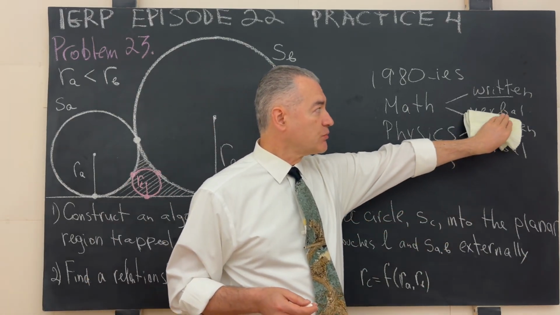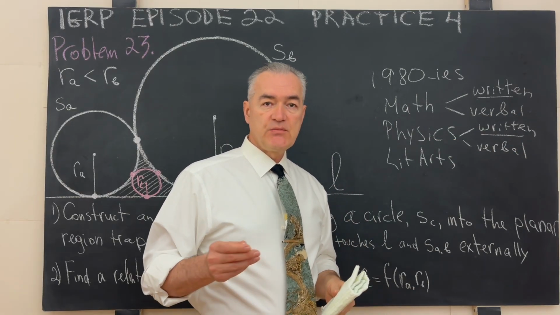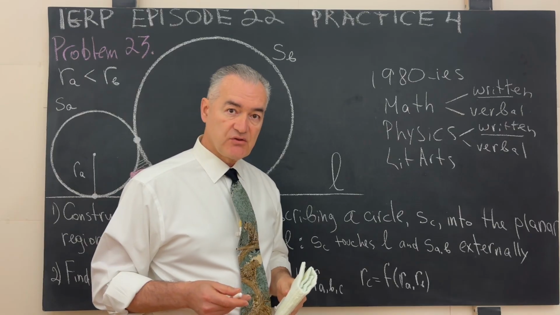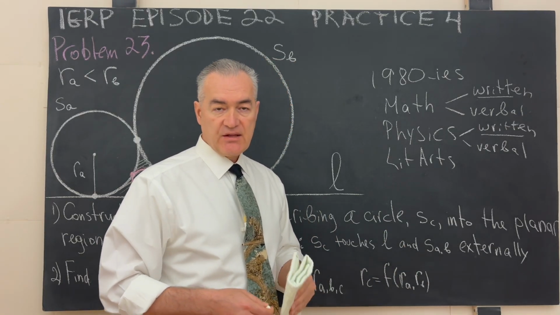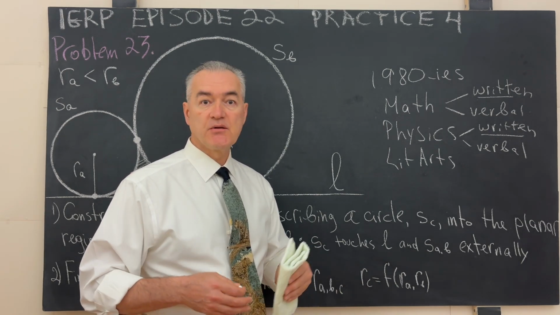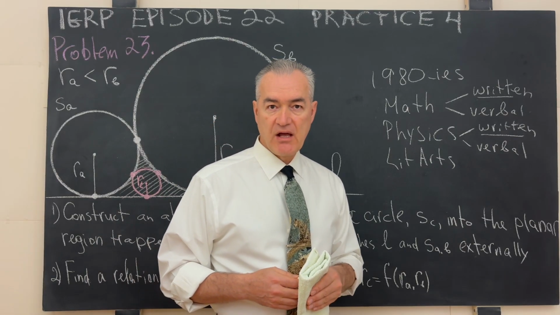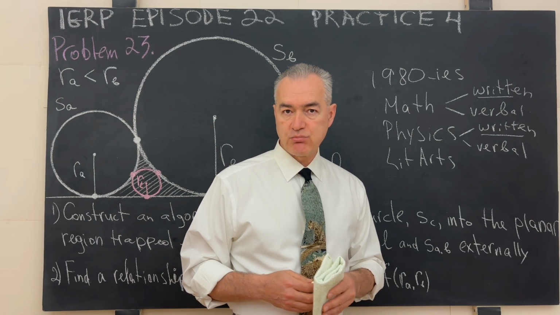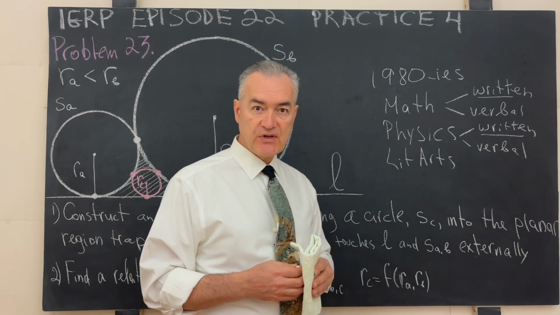Now, during the verbal examination, the examiner had the right to deep dive into any topic that was relevant for this particular problem that you chose at random. The examiner could not quiz you on everything that, let's say, elementary mathematics is, but any topic that was relevant to the problem that you were solving and that you chose was fair game.